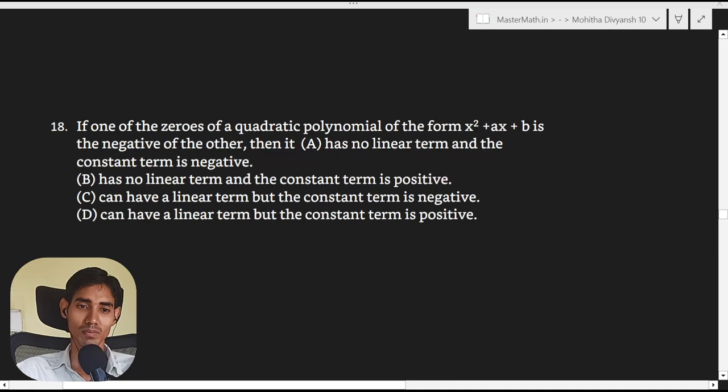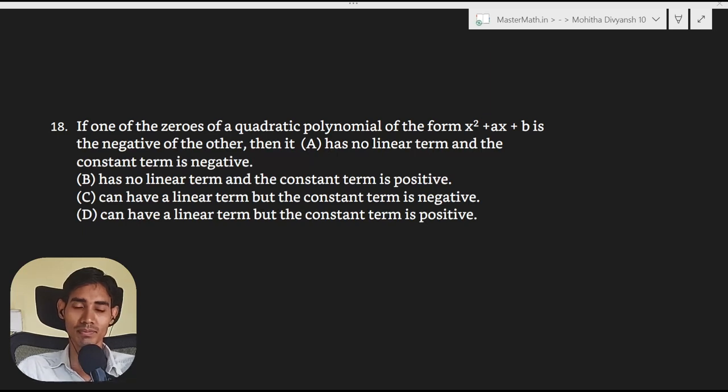The zeros are alpha and beta. What is this?